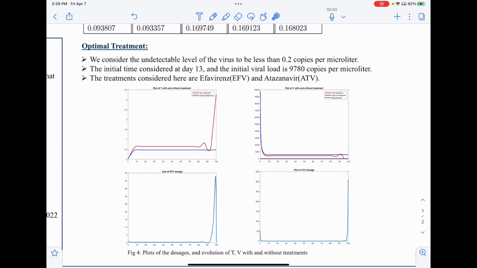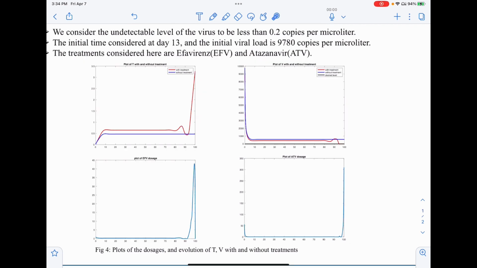The treatments considered here are EFV from the reverse transcriptase inhibitors class and ATV from the protease inhibitors class. We found that after giving the treatment EFV and ATV, the healthy cells T increased after 90 days, and the viral load decreased after 90 days.